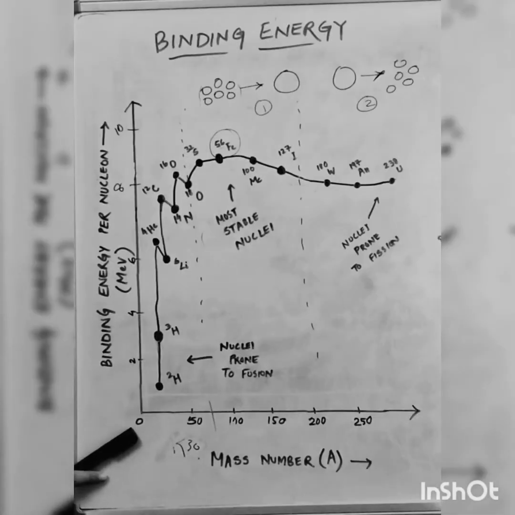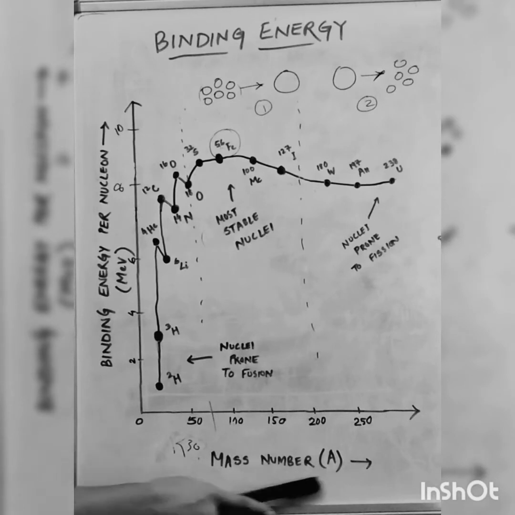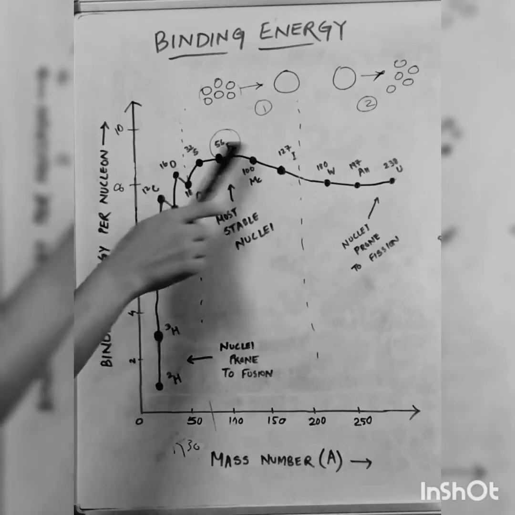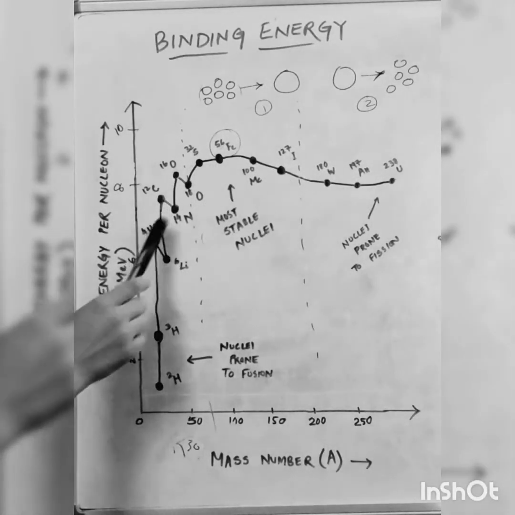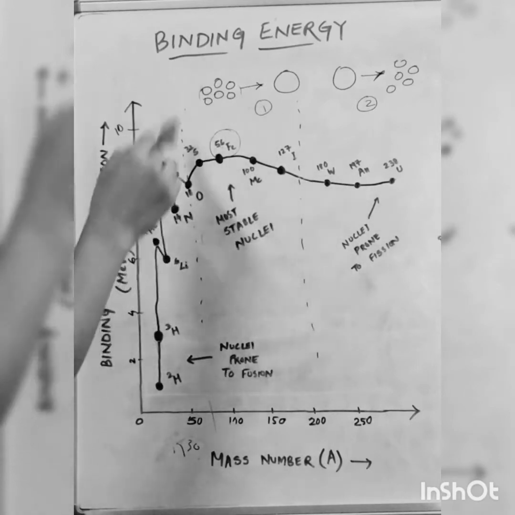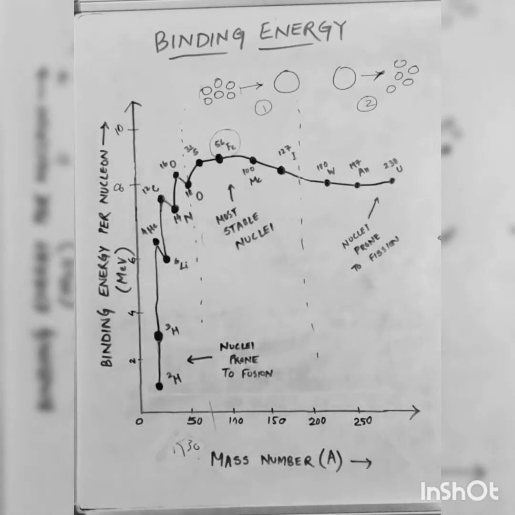So the graph you are seeing here is the binding energy graph. The x-axis is the mass number A, and the y-axis is the binding energy per nucleon, which is given in mega electron volts. So if you see the graph, these are all the nuclei. Okay, you can break this graph into mainly three parts.